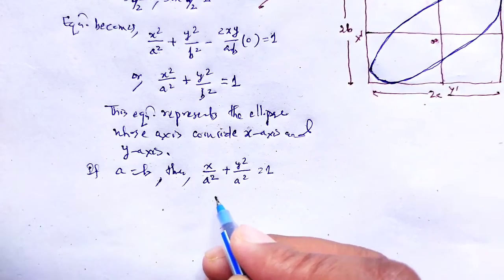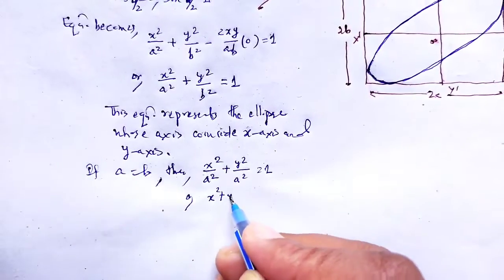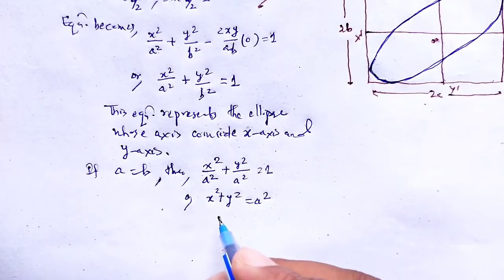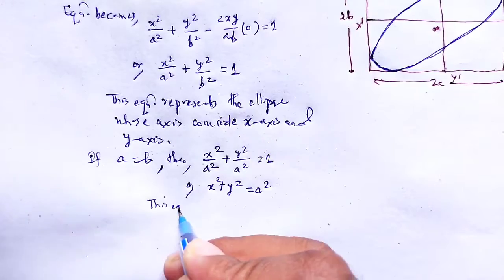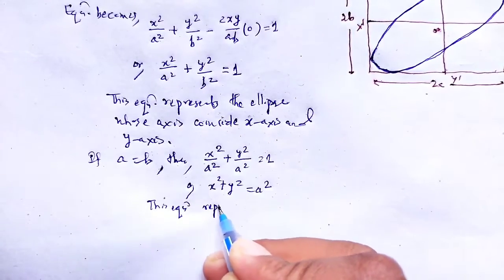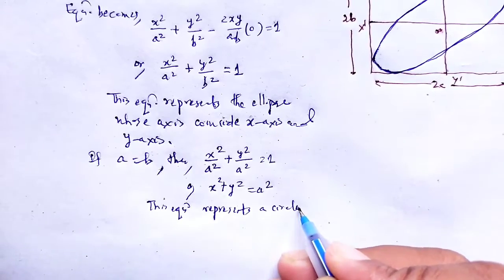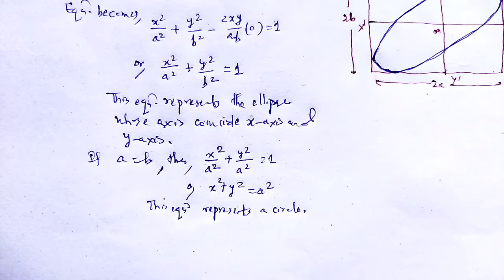So it will be x square plus y square is equal to a square. That equation represents a circle of radius a.